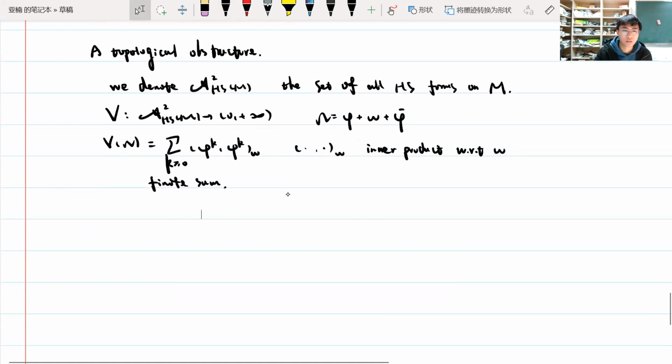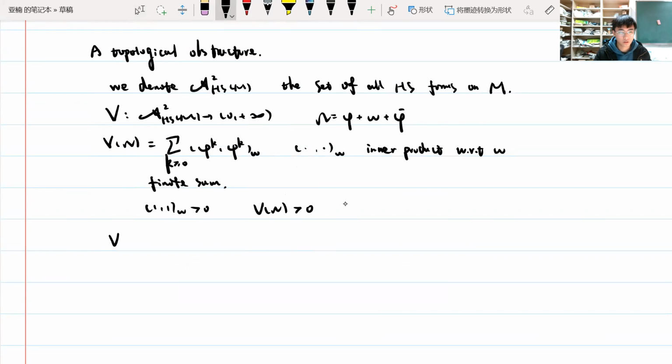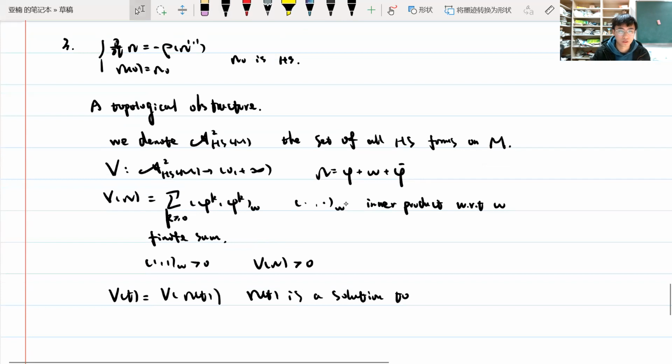And the first term is the volume. So this functional is strictly positive. And we can consider the function V(t) along the solution to the flow, if omega_t is a solution to this flow.